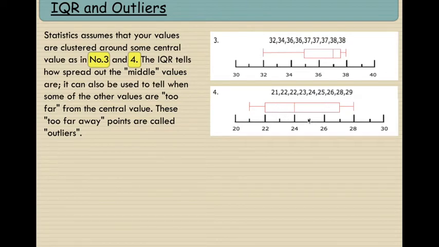Our data are also clustered around these central values. Okay, these central values can also be used to tell when some of the other values are too far from the central value, and these are called outliers.